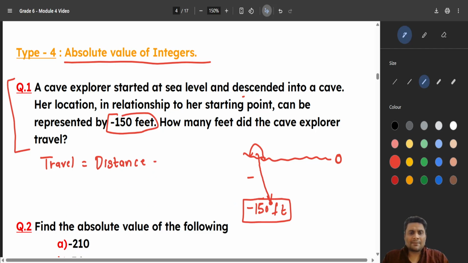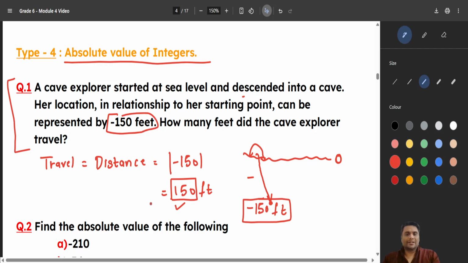I will take the absolute value of minus 150, which will give me 150 feet. So she traveled 150 feet downward into the cave. The answer is 150. Why did I take absolute value? Because distance cannot be negative.